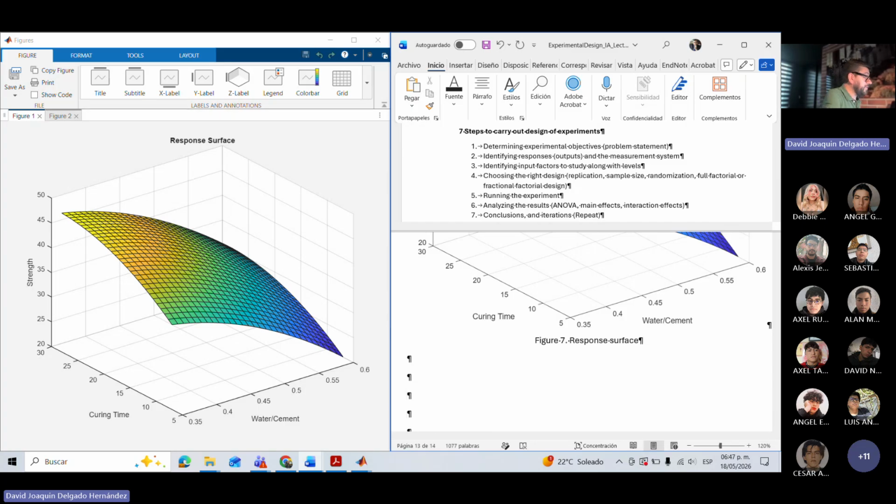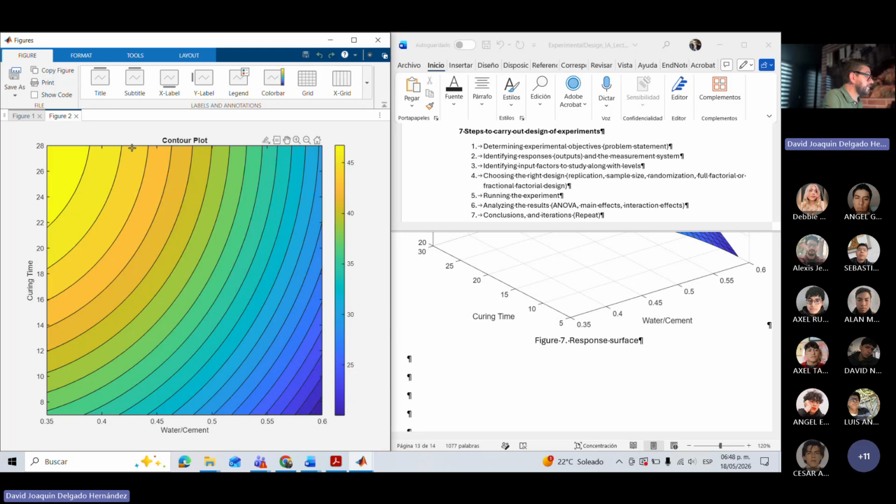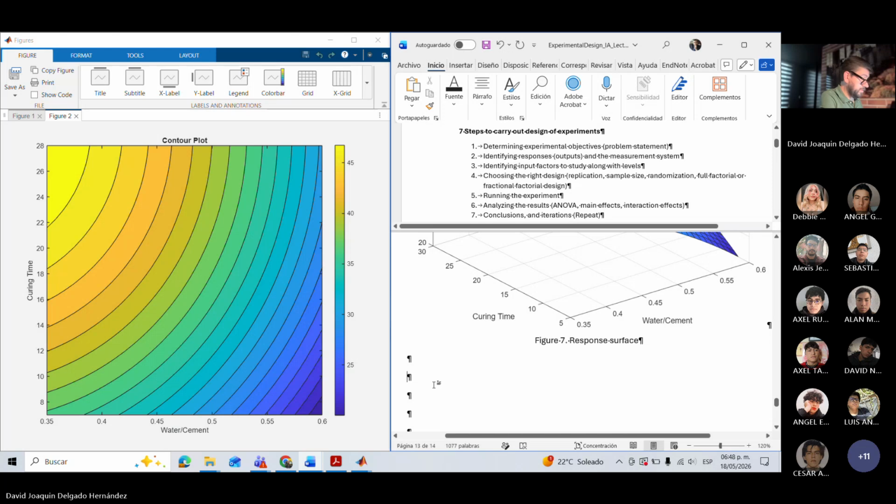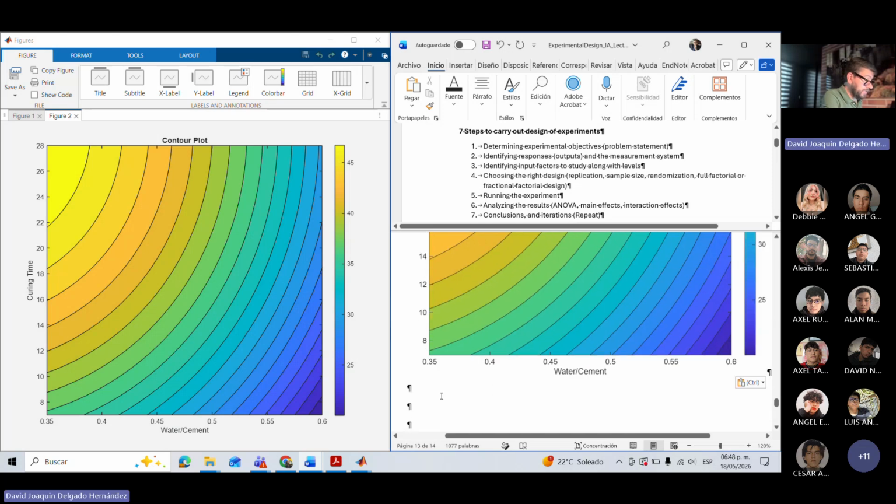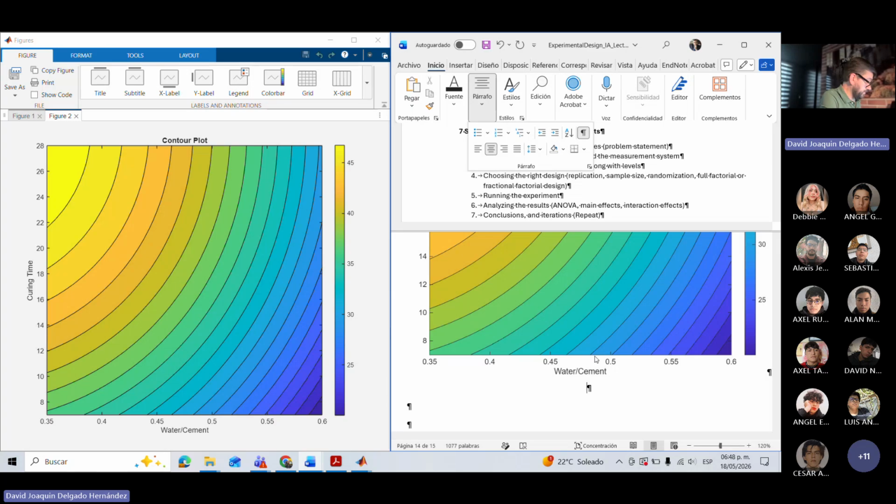And a different way to see these results, here we are. So let me copy this figure, paste, and the name of this figure is figure 8, which is the contour plot.